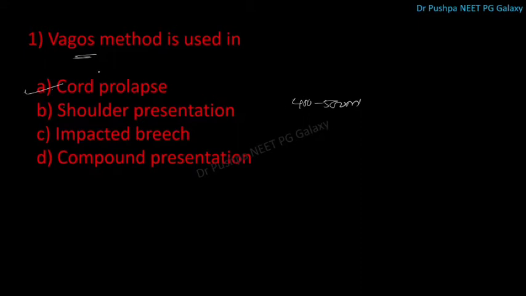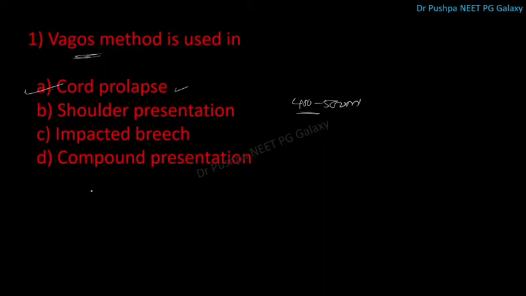So this Vago's method is used in case of cord prolapse. We infuse 400 to 500 ml of NS so that the bladder is distended and the presenting part is pushed higher up.